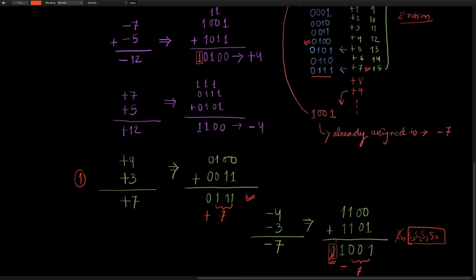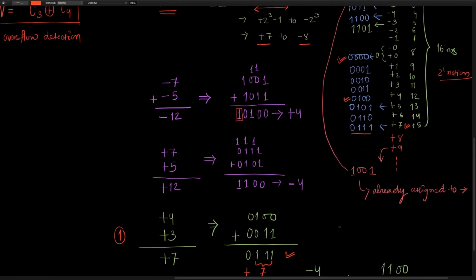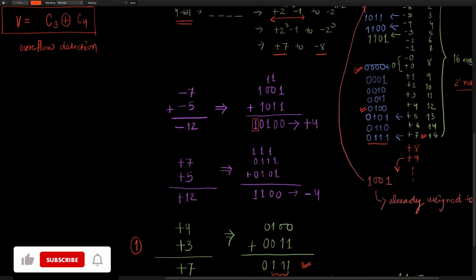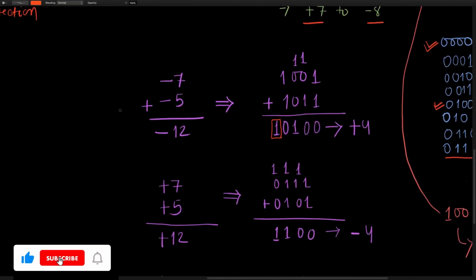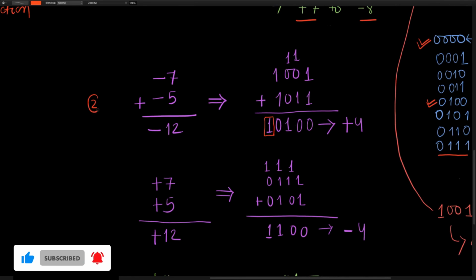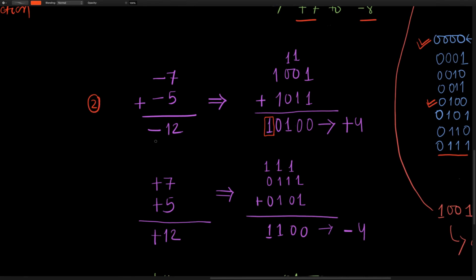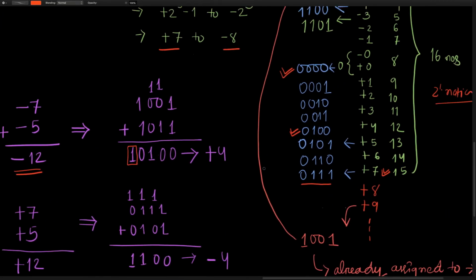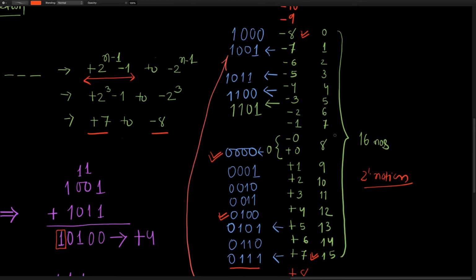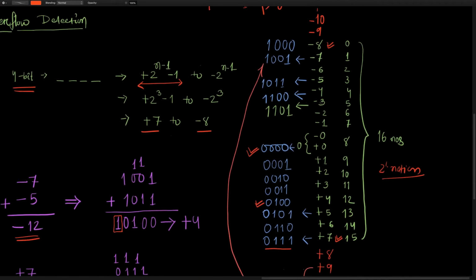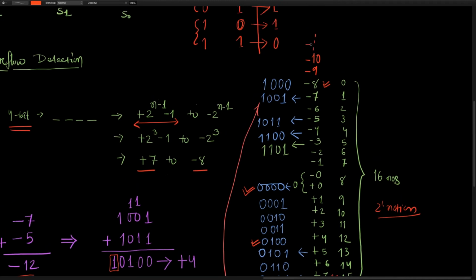But what comes as an issue is overflow. Suppose in this second case, the answer cannot be represented with 4-bit registers. Negative 12 is not within the range, it's exactly like here, negative 12.